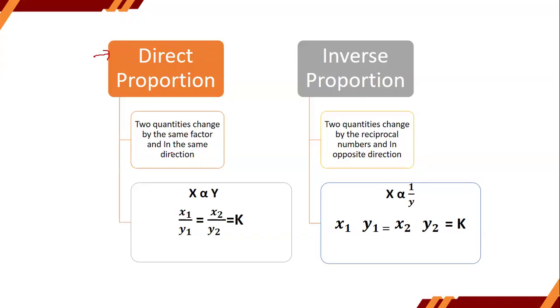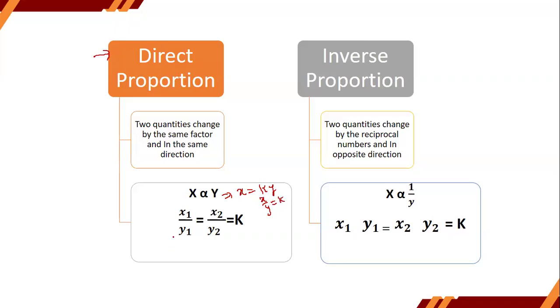All right. So here, if we have x directly proportional to y, this implies that x is equal to ky, where k is the proportionality constant. So that means the ratio of x by y is equal to a constant.